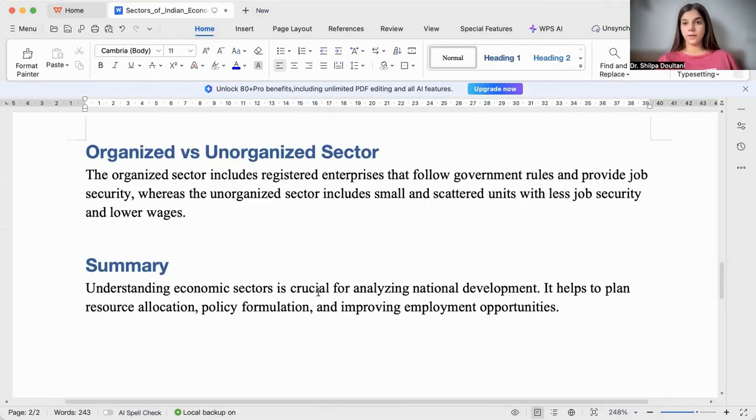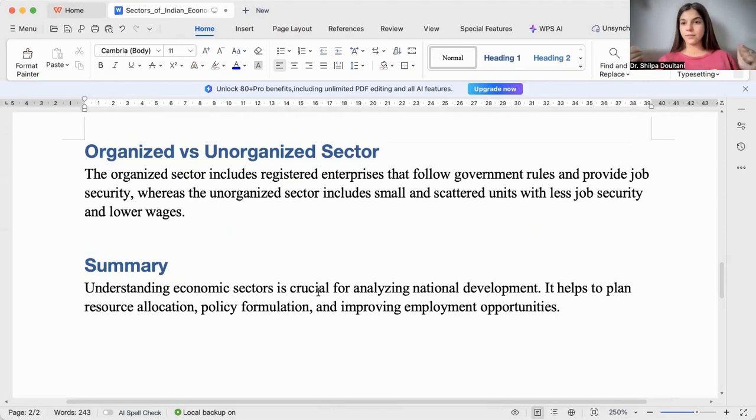Now, before wrapping up the sectors, there is one more terminology we use, which is organized versus unorganized sector. The organized sector, as the name suggests, is where everything is followed the way it has to be.